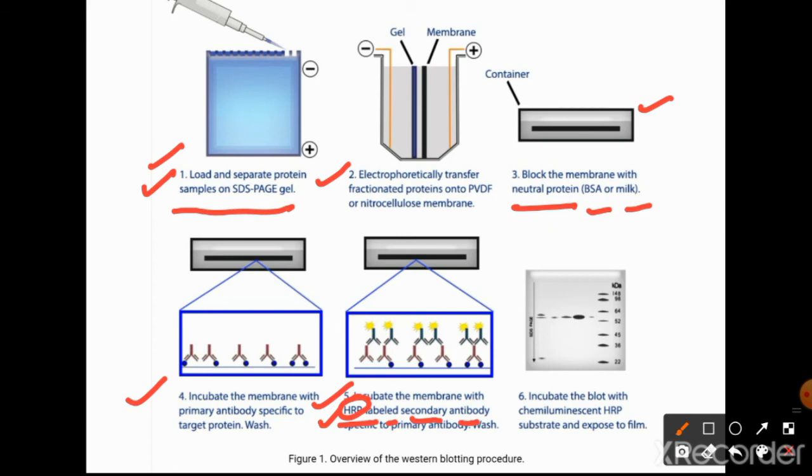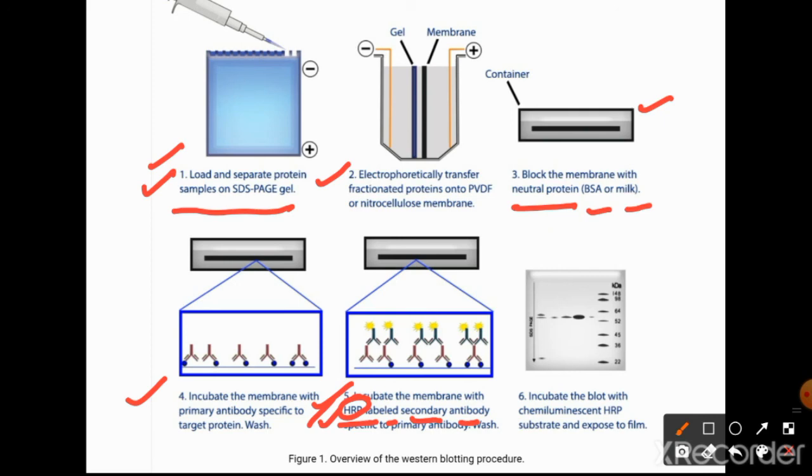It is used for detection purpose, because whenever we add a substrate molecule for this particular enzyme, luminescence will occur and we can detect the enzyme present in the sample or in our blot, so that we can identify how much product is formed.